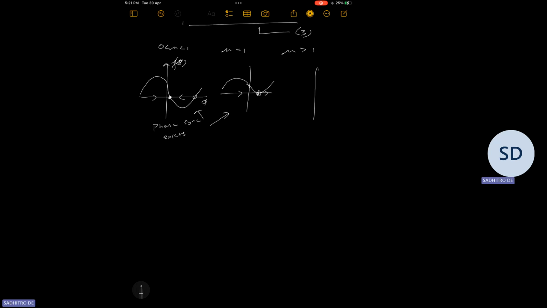And when mu is greater than 1, there is no intersection between this curve and the x-axis. So there is no synchronization, and the phase difference between the firefly and the stimulus drifts continuously. So here, no phase sync, only phase drift.